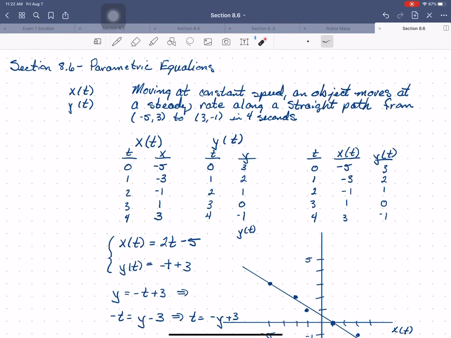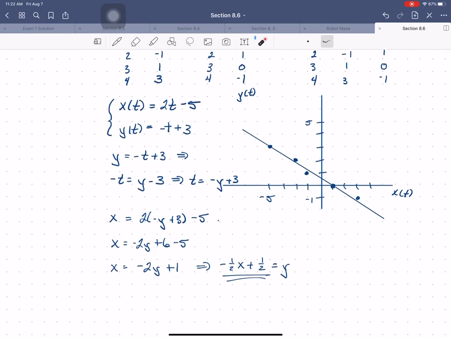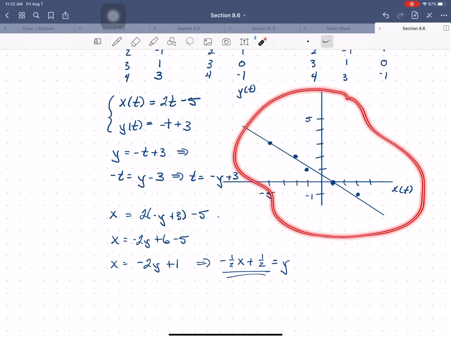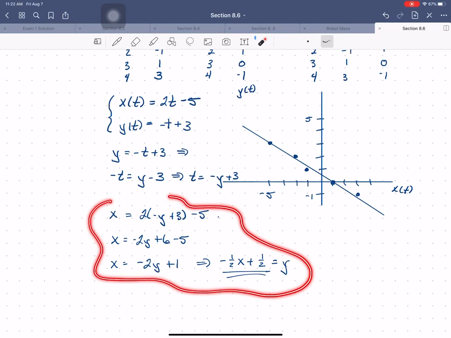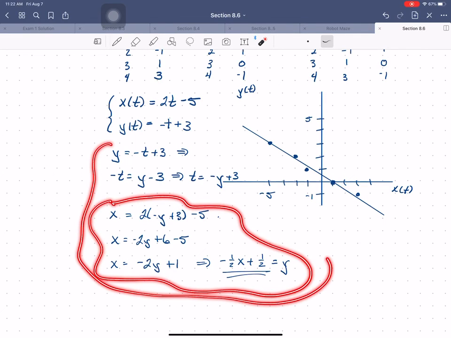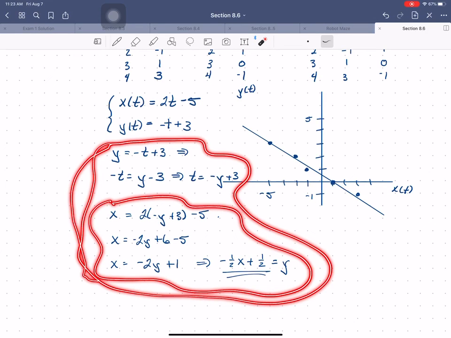What I did then was I graphically eliminated the parameter and graphed y as a function of x. And then I algebraically eliminated the parameter. Actually, all of this work eliminates the parameter and determines y as a function of x.